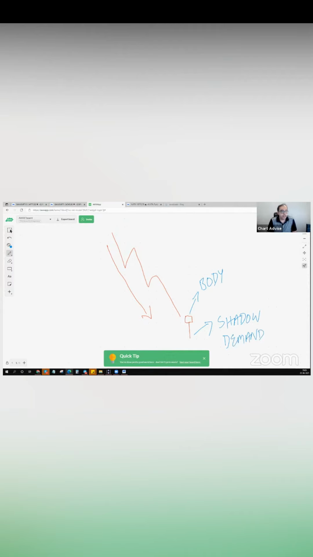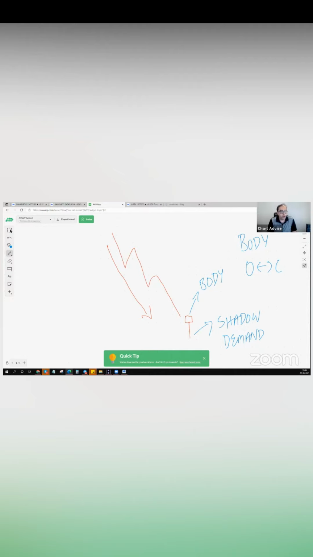And this demand is actually pushing the closing to the upside. So how is a body formed? Body of a candlestick, it is connecting the open and the close, right? You connect the open and the close, you get a body.